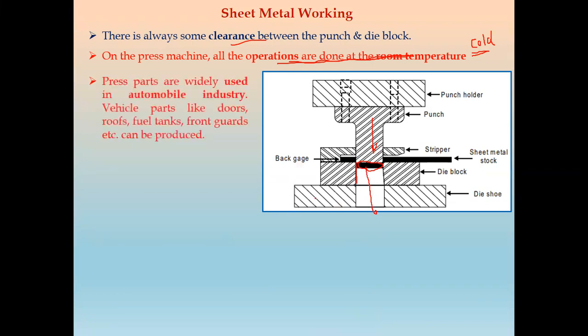The press parts are widely used in automobile industries. Vehicle parts like doors, roofs, fuel tanks, and front guards can all be produced by sheet metal working operations using a press, or press working.